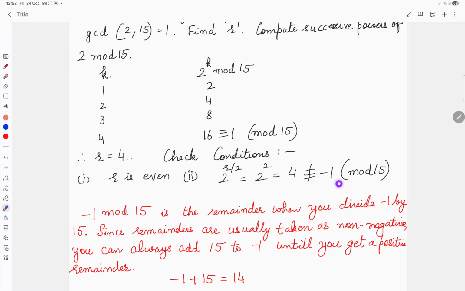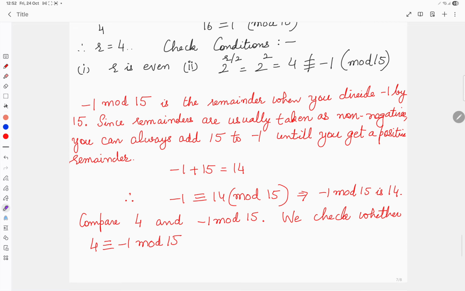How will you prove that this expression is true? So let us check what is the meaning of minus 1 mod 15. Minus 1 mod 15 is the remainder when you divide minus 1 by 15, right? So that's the meaning of this expression.